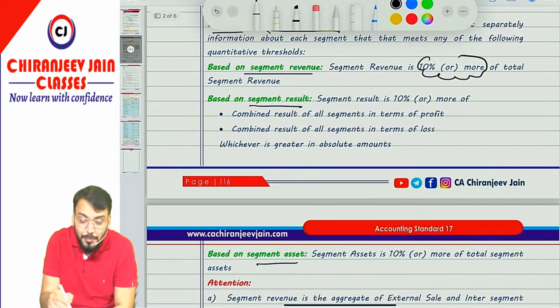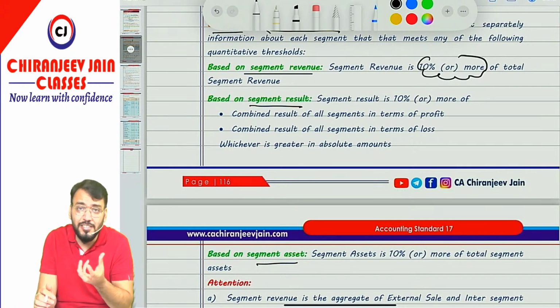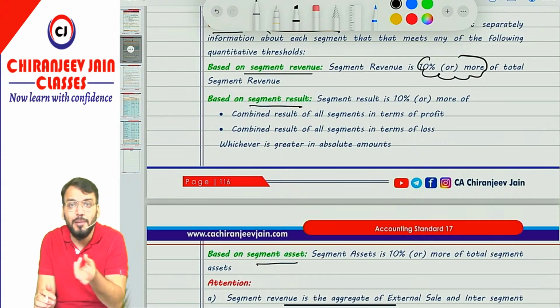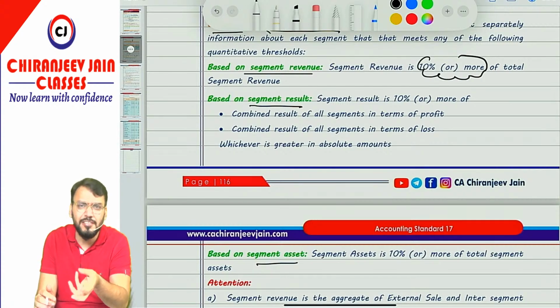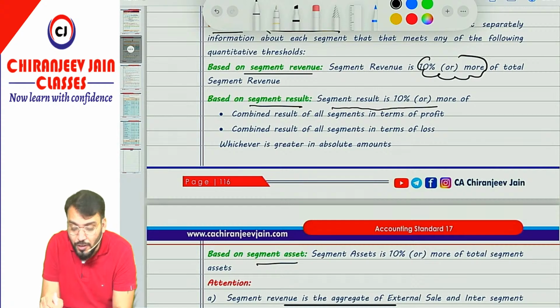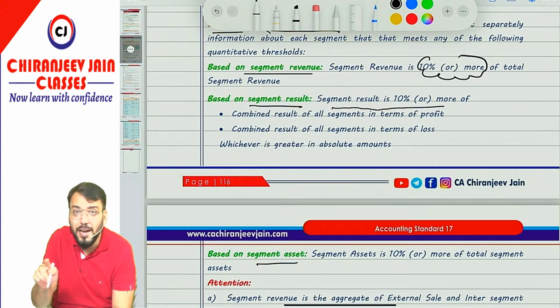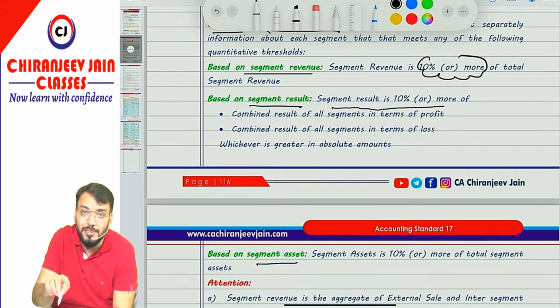Then coming to segment result, which means segment profit or loss. We can say segment result means segment revenue minus segment expense. Normally segment result information will be given. In that case, AS17 says that if any segment's result is 10% or more of the combined result of all segments in terms of profit, or the combined result of all segments in terms of loss, whichever is greater in absolute terms.